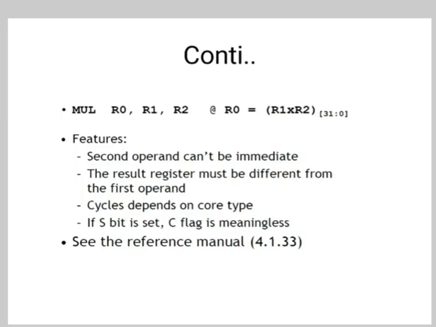So the features are: the second operand cannot be immediate. The result register must be different from the first operand. The cycle count depends on the core type, and if the S bit is set, then the C flag is meaningless.